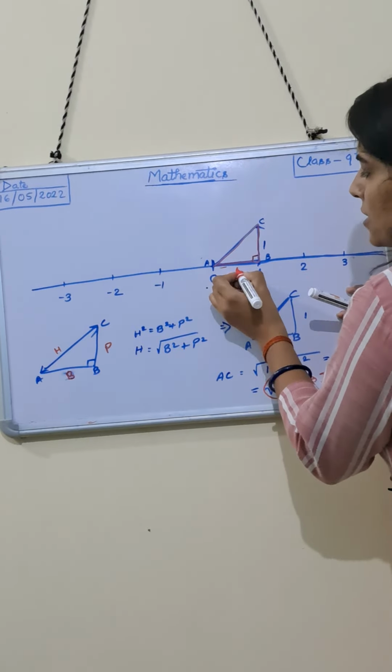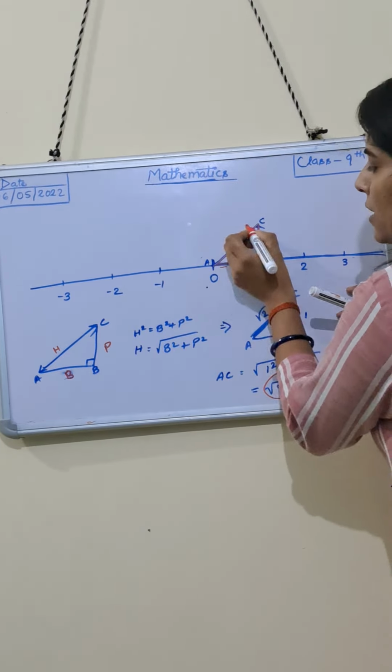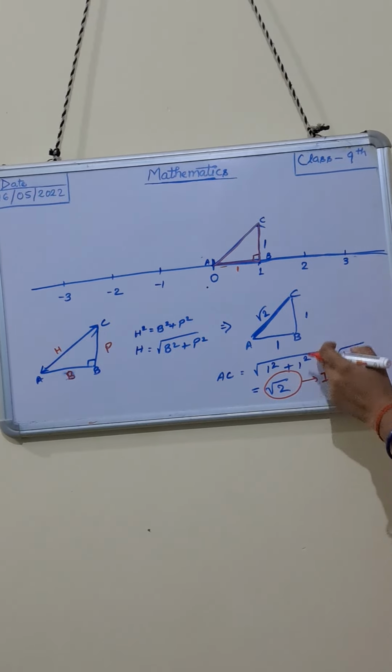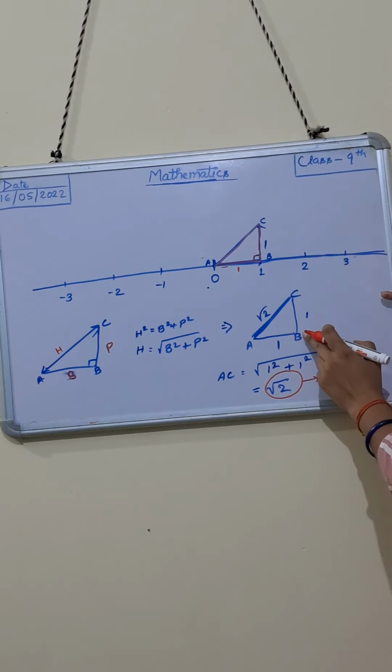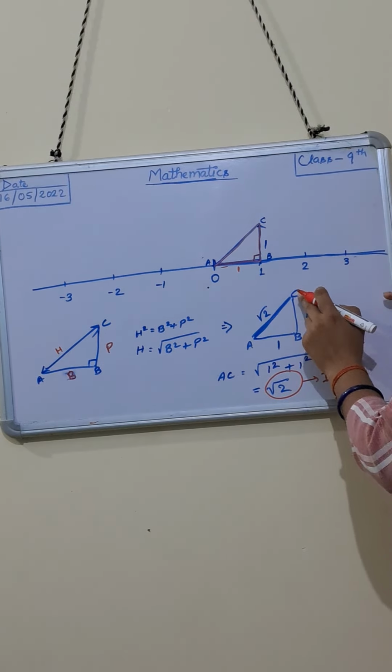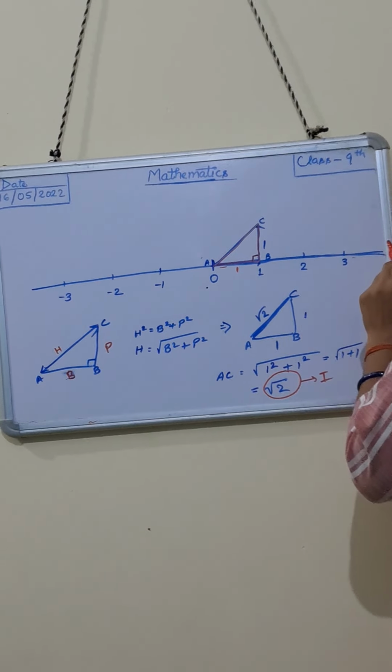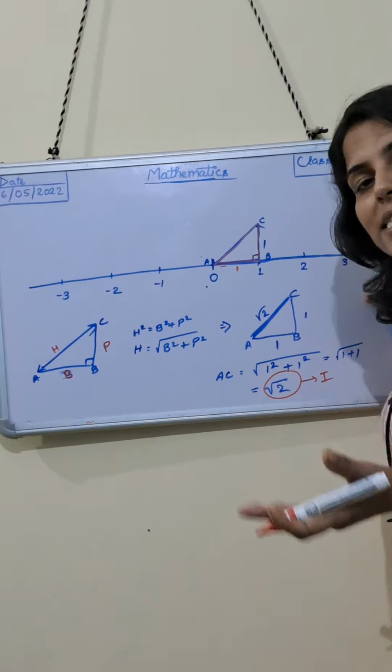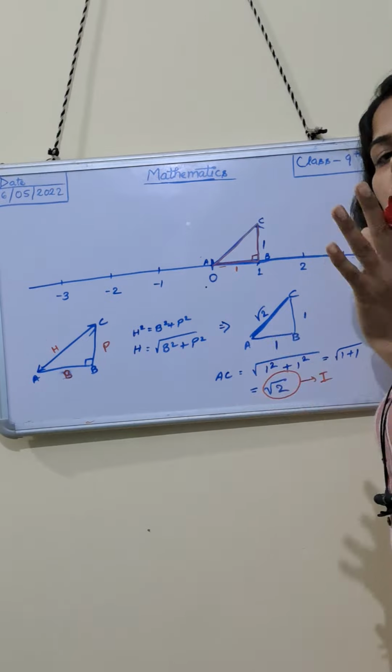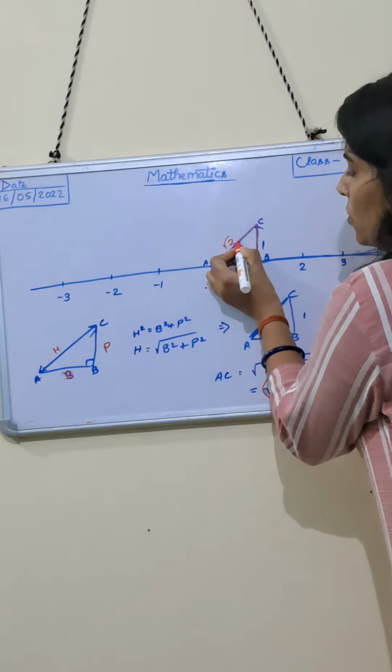This is 1. This is 1. So what will be AC? We solved this already. Base is 1, perpendicular is 1, then the hypotenuse will be under root 2. So AC will be under root 2.